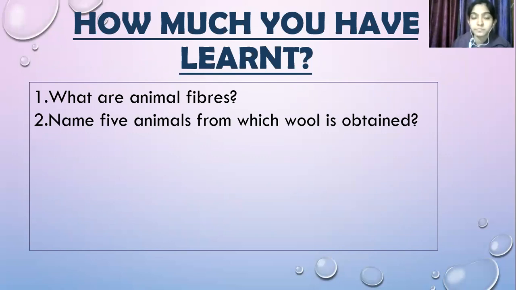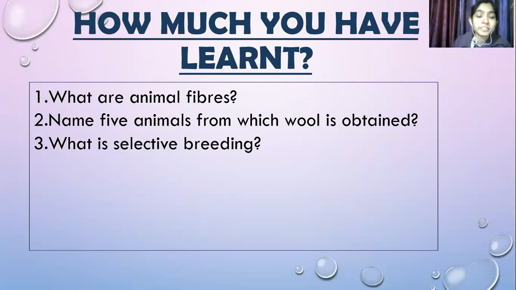The five animals are first sheep, second goat, third camel, fourth rabbit, and fifth yak. Very good. Third is, what is selective breeding? The process of selecting parents for obtaining special characters in their offspring is called selective breeding.